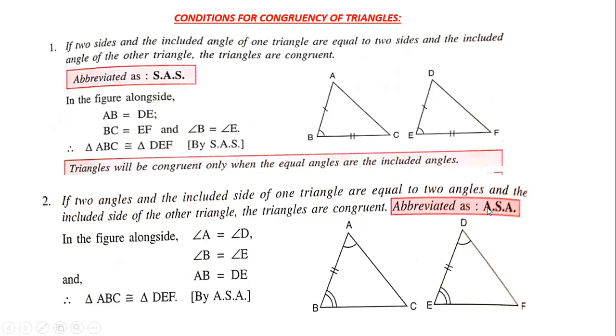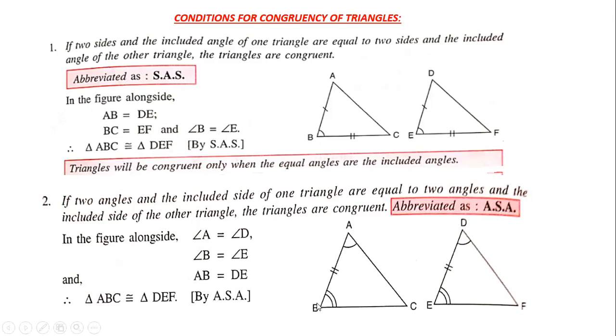If this is angle, side, angle, that means for the triangles ABC and DEF, angle A is equal to angle D, angle B is equal to angle E. These are the two angles. Now, what is the common side which is included between A and B? That is AB. What is the side included between angle D and E? That is DE.